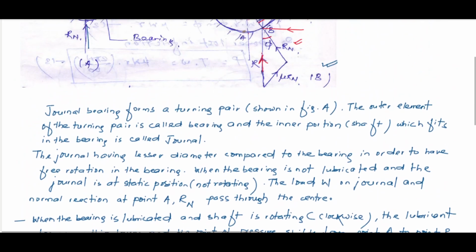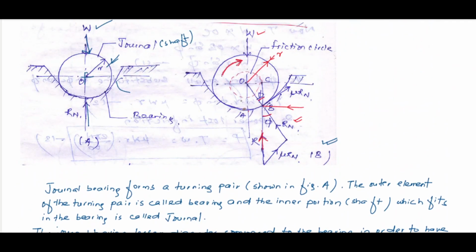OC is the distance from this point to this, because now the point is shifted to B. If you extend B, it will touch this central axis at point C, and the load applied W multiplied by this normal distance OC will give you the frictional torque.